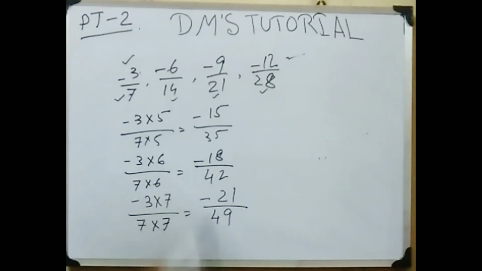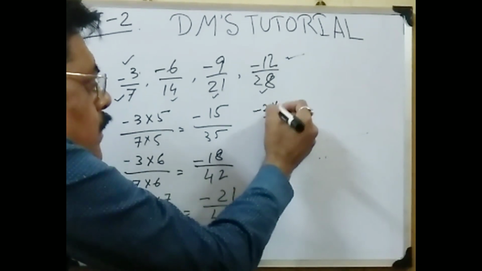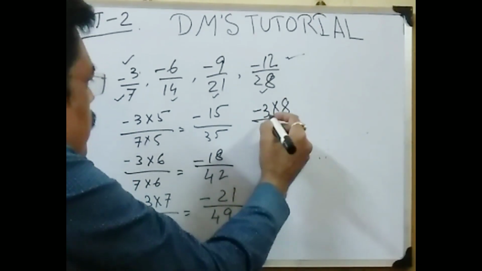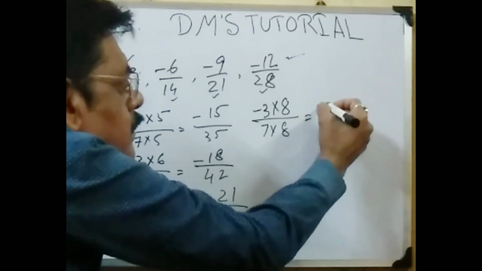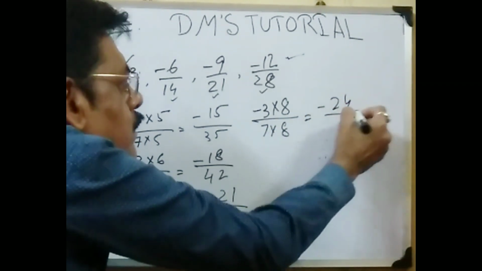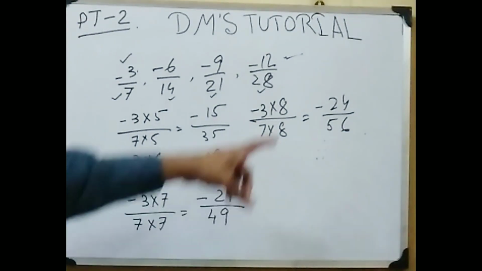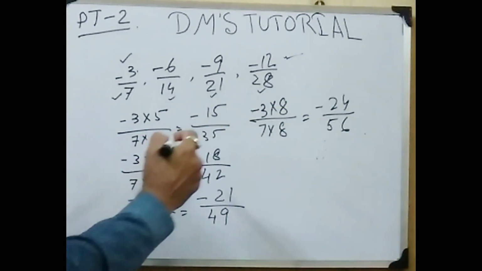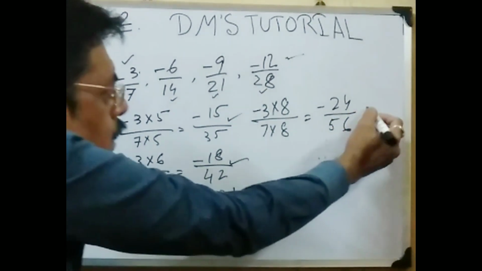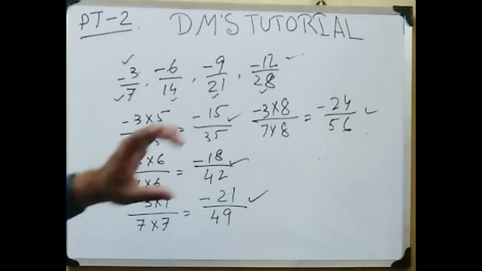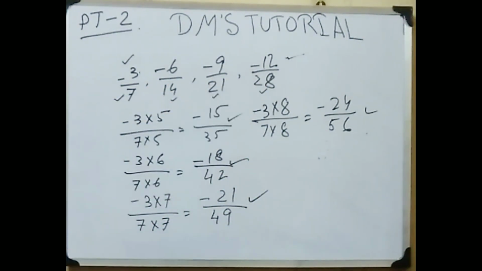This is the seventh one, and minus 3 into 8 divided by 7 into 8, that is minus 24 divided by 56. This is the eighth one. So we got 4 more rational numbers in that series with the same pattern.